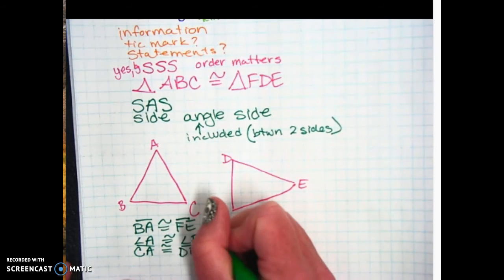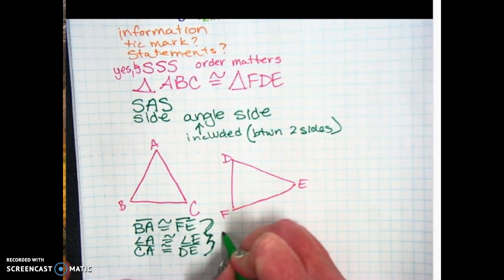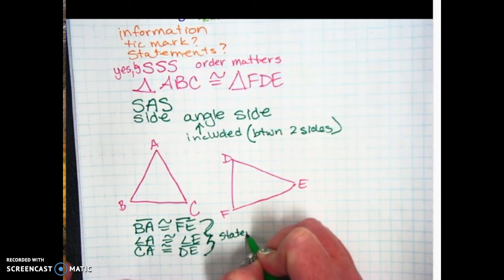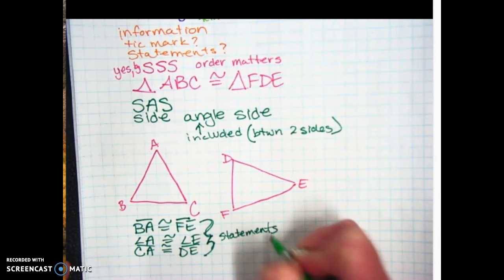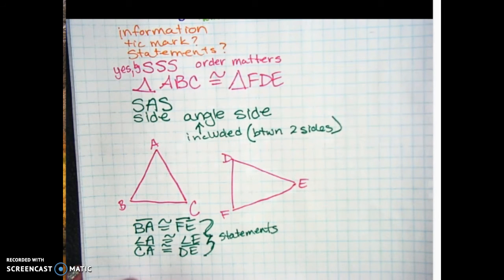Okay, so these are our three statements. And we're going to use them to make our tick marks and our arc marks on our triangles, and then we'll see if they're congruent or not.